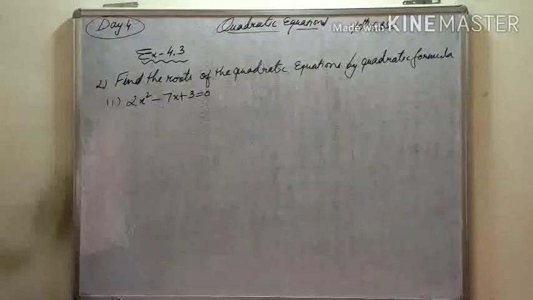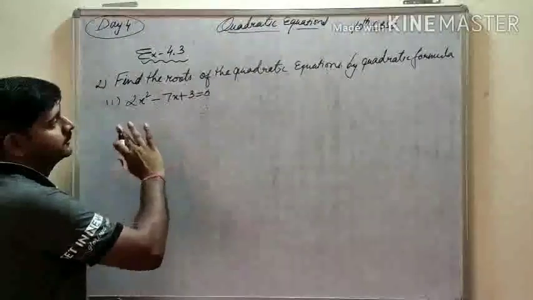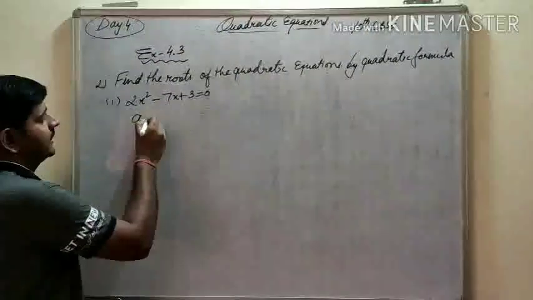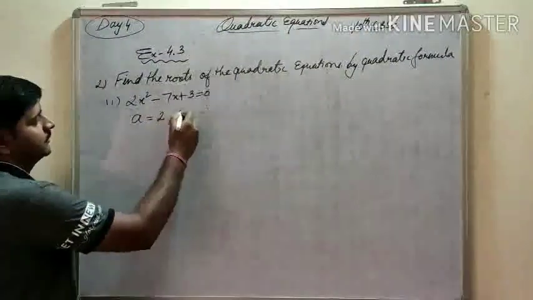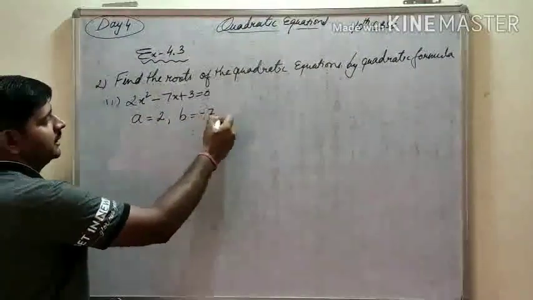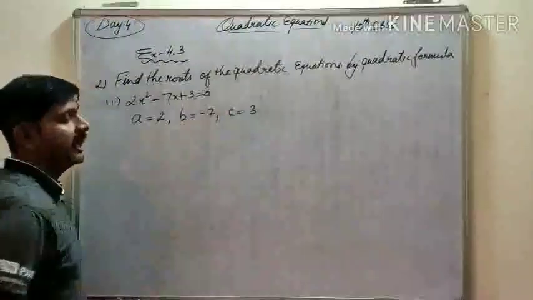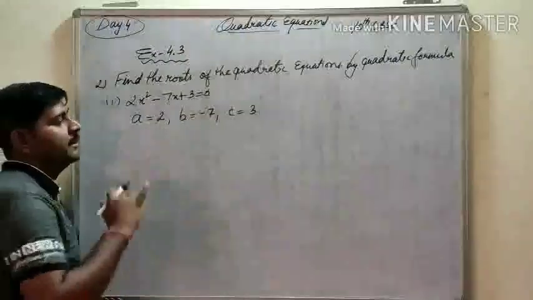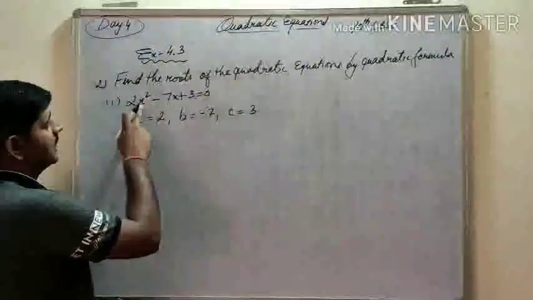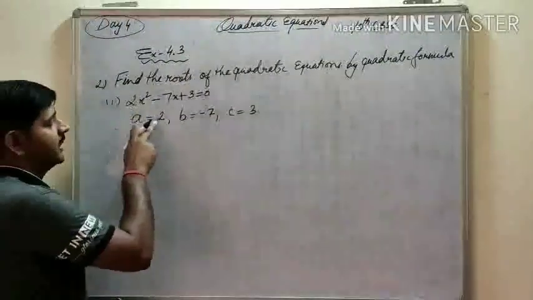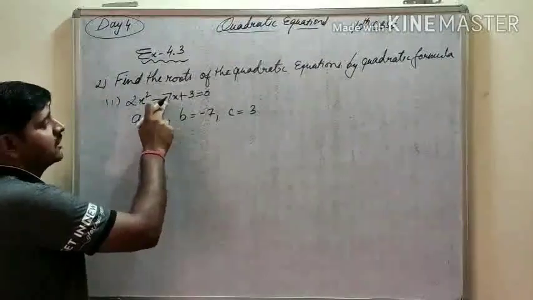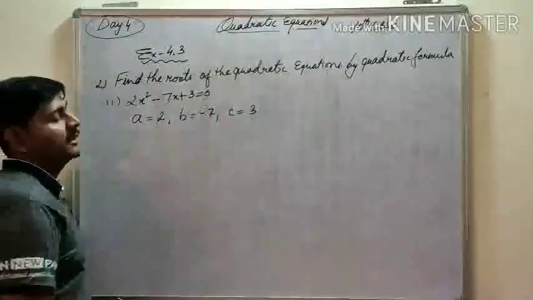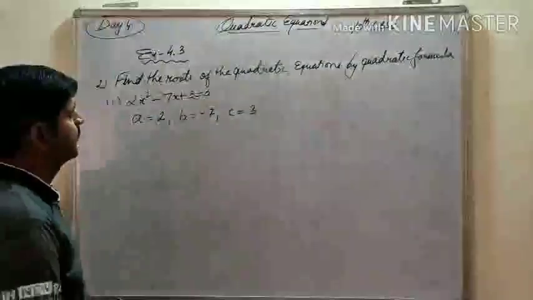As we know, before starting this part, we have to recognize a, b and c from the standard form of the quadratic equation. The coefficient of x square becomes a, the coefficient of x is b, which is -7, and c, the constant, is 3.